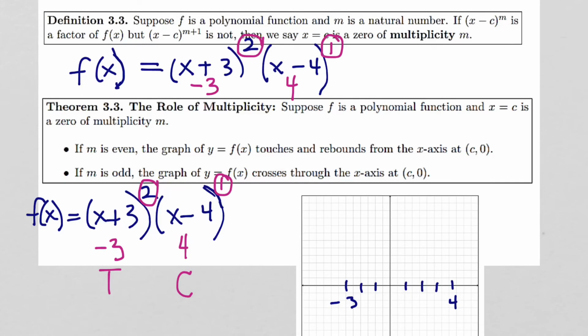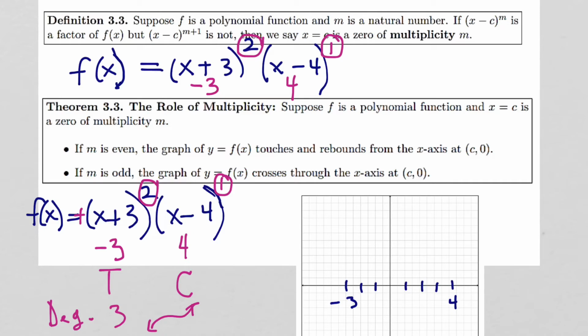Now let's see how we start going left to right. For that, we need to know the degree of the polynomial. The degree of this polynomial is x squared times x, that's 3. The degree is 3. My coefficient in the front is positive, so we know that that's down, up. That'll help me with my graph.